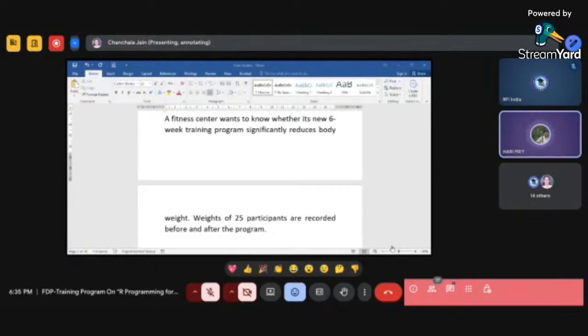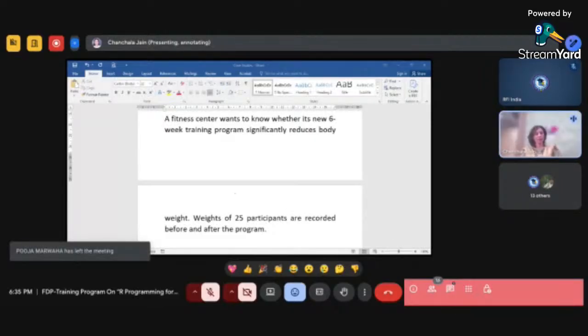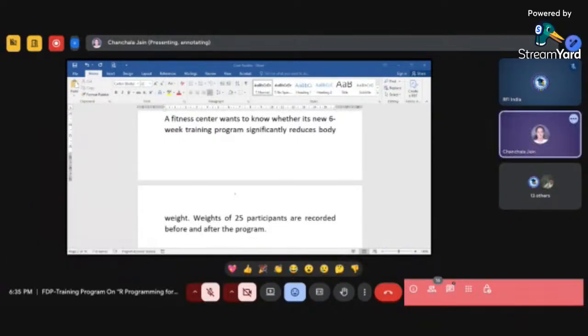One way and what test? It's a one-way ANOVA. What about others? Before and after comparison. Okay, fine. What about others? Ramya ma'am, Ranjita ma'am.